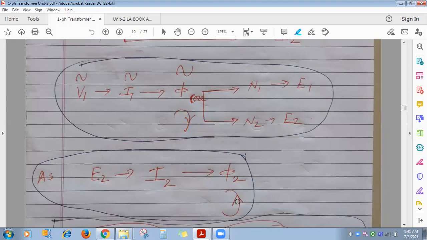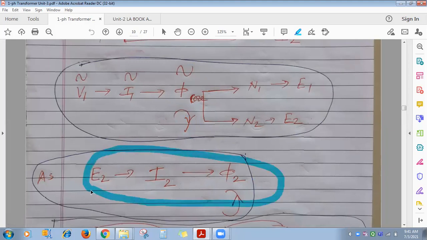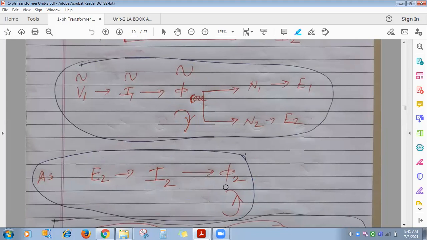So what will happen as per Lenz's law? The directions of E2, I2 and phi2 will be such that phi2 opposes the cause producing it. So if the earlier flux is flowing in the clockwise direction, this phi2 will flow in the anti-clockwise direction, isn't it?